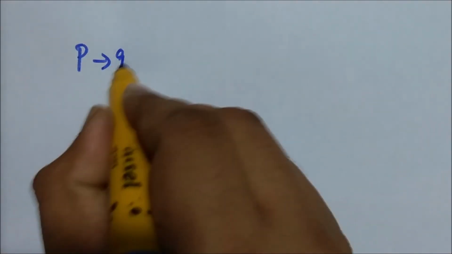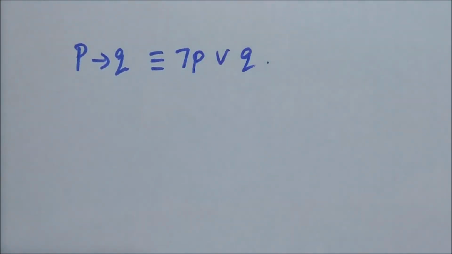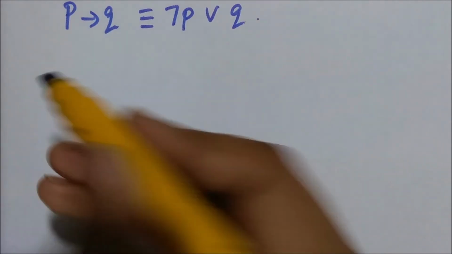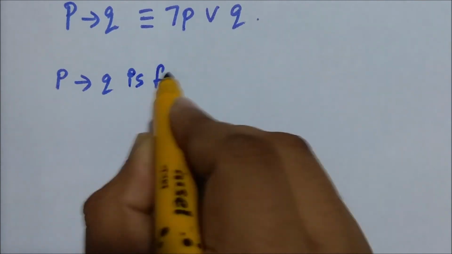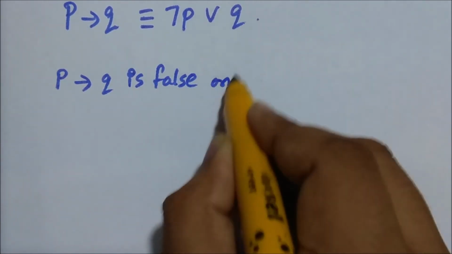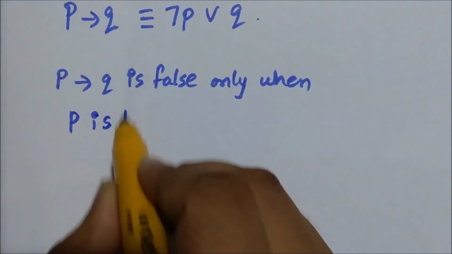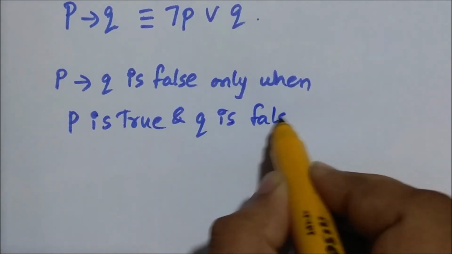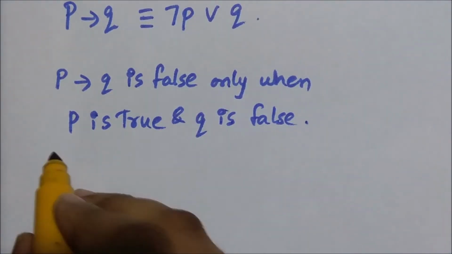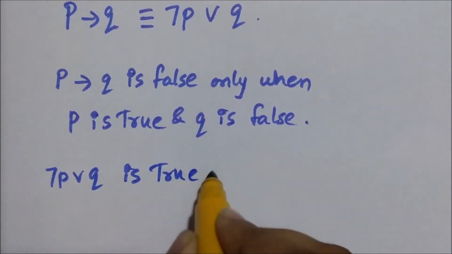Another popular logical equivalence among conditional statements is that P implies Q is equivalent to not P or Q. Again, using a truth table we can verify. When P implies Q is equivalent to not P or Q, it means that they have the same truth values for all possible cases, right? Now let's look at it intuitively. P implies Q is going to be false only when P is true and Q is false.